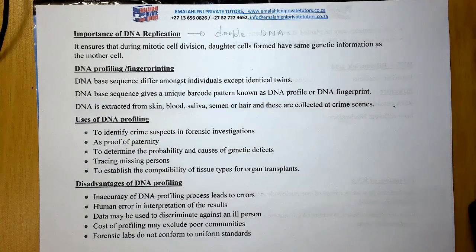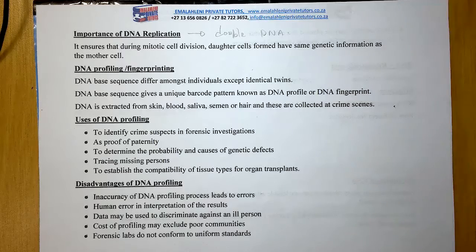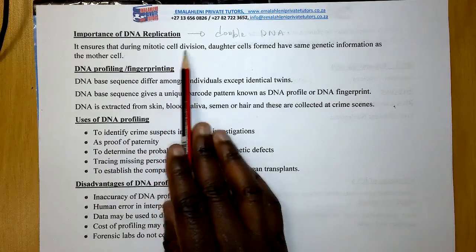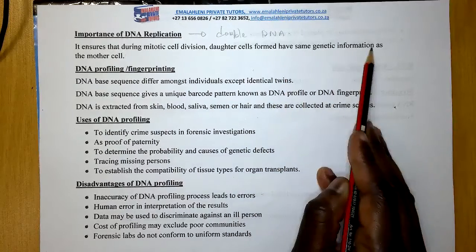So it ensures that enough DNA is available to be passed on from generation to generation. So it ensures that during mitotic cell division, daughter cells have the same genetic information as the mother cells.